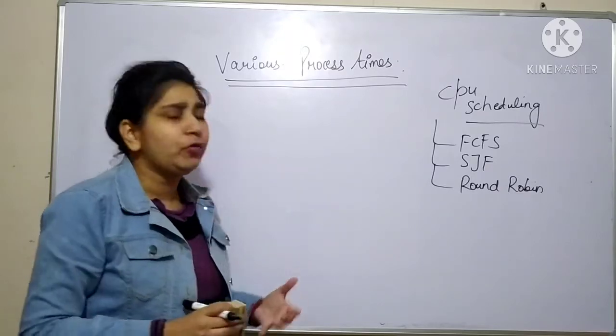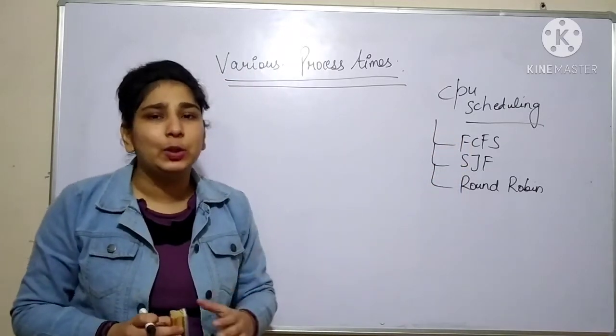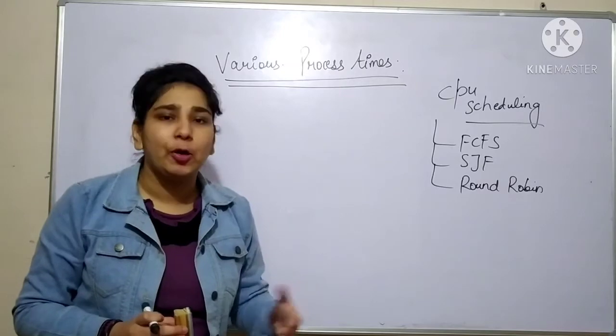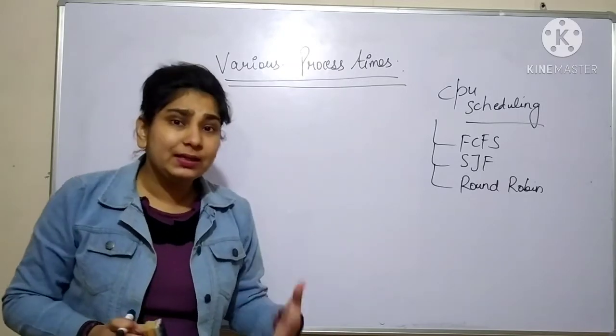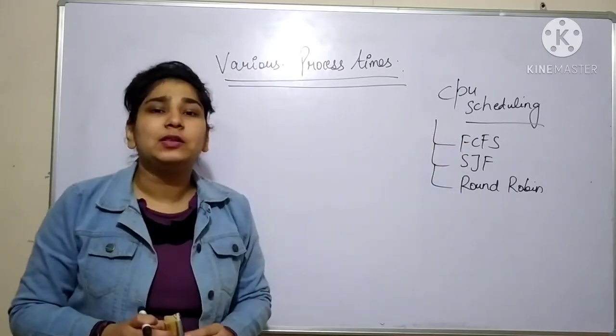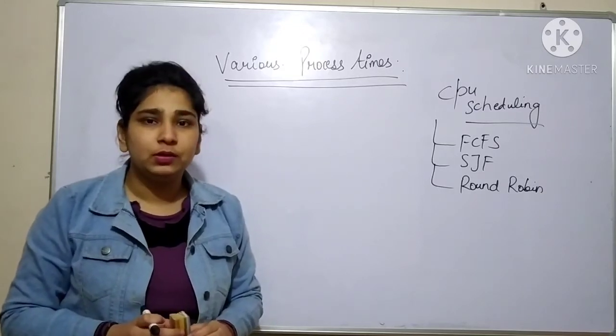We will try to find out which is the best possible algorithm, which algorithm is going to give the best output, and which is best for the maximum utilization of CPU.